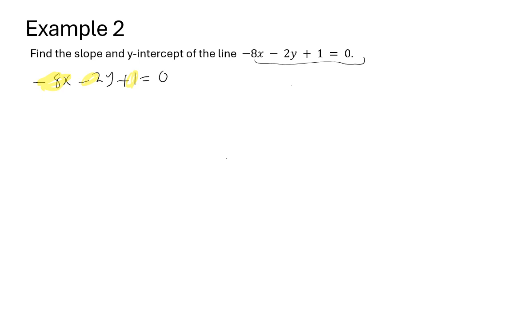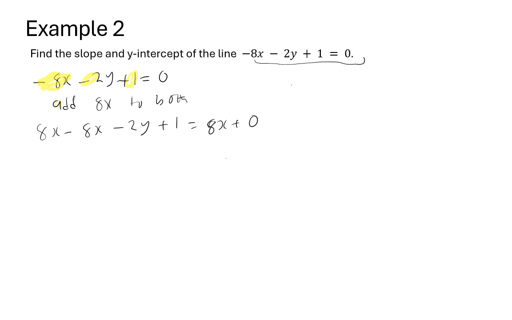To remove it, since it's minus 8x, let's add 8x to both sides. So here we'll have 8x minus 8x minus 2y plus 1 is equal to 8x plus 0.